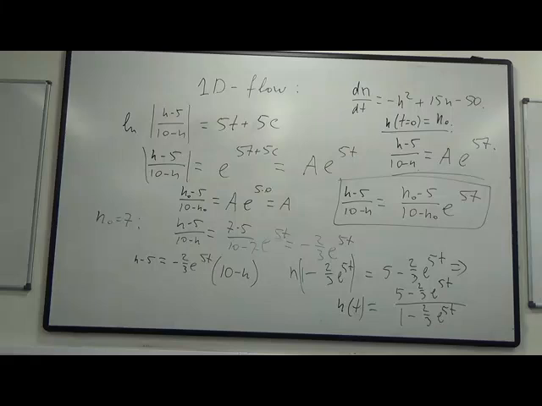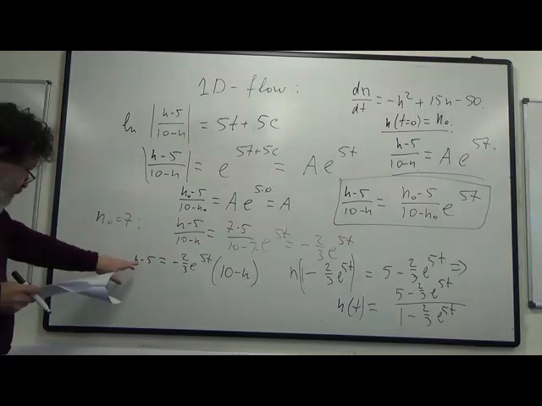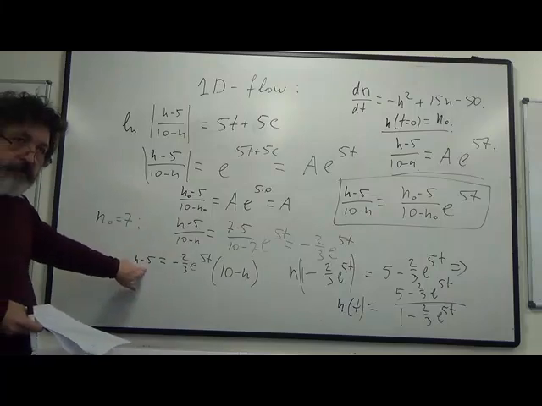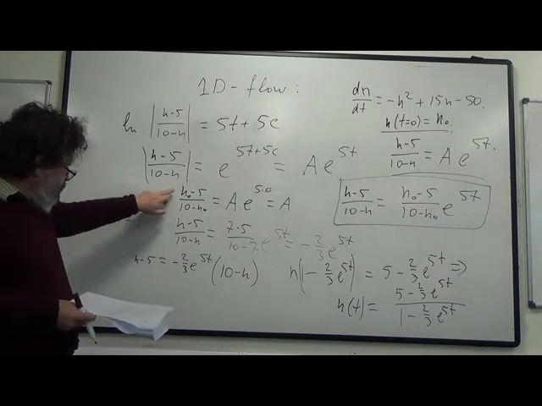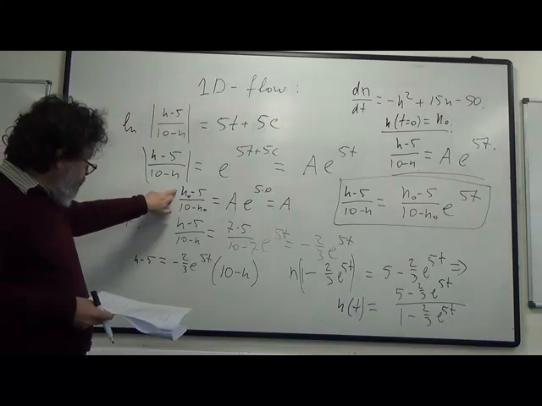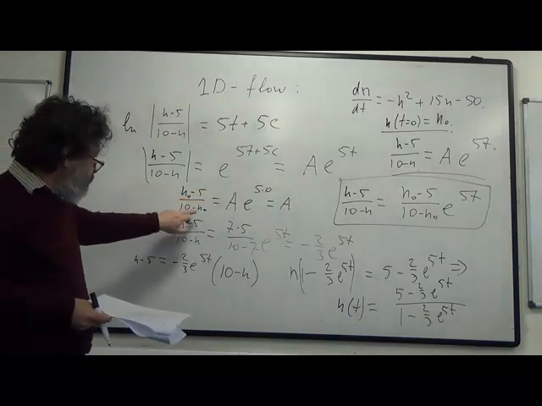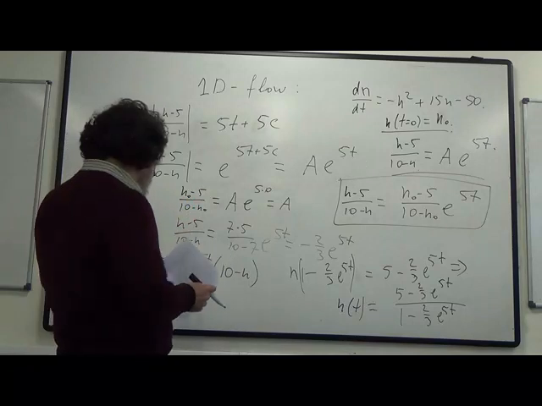I think I made a mistake somewhere probably, but I don't see it. Should it not be positive 2/3 and so on? Is this correct? The bit where you're doing n minus 5 over 10 minus 7, should it not be positive 2/3 and negative 2/3? 7 minus 5 or 10 minus, this should be positive.